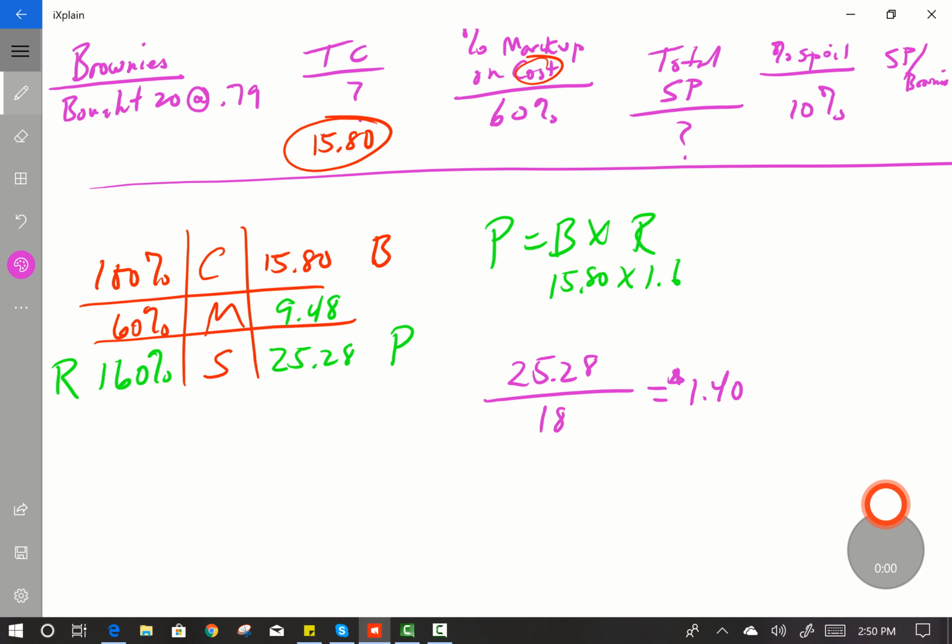Our next part is the break-even point. First, I need to find out what the contribution margin is, and the contribution margin that I want to calculate is your selling price less any variable costs that you might have.